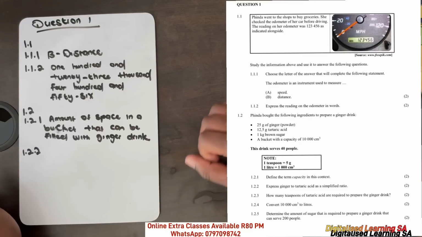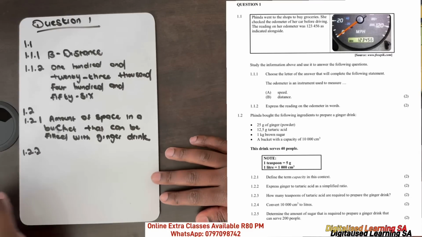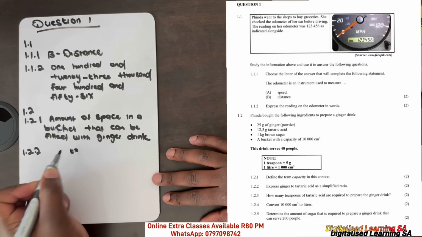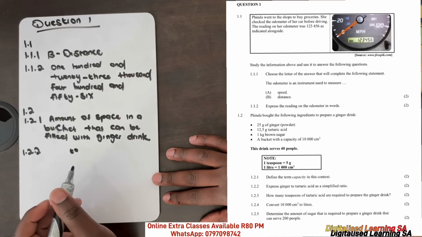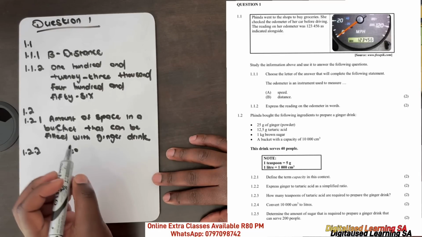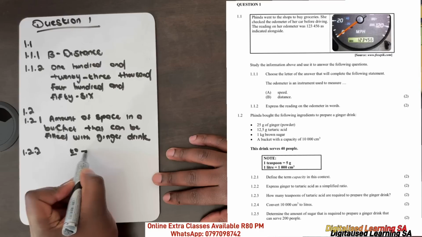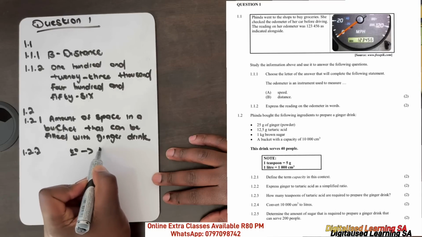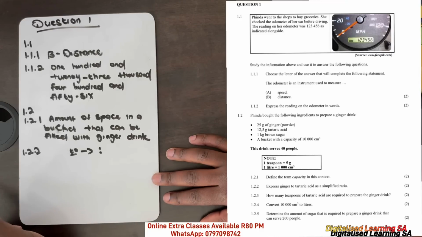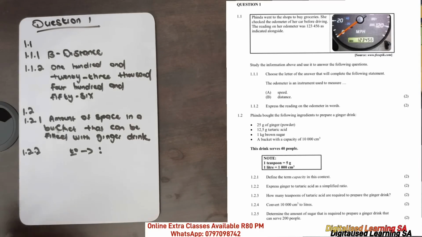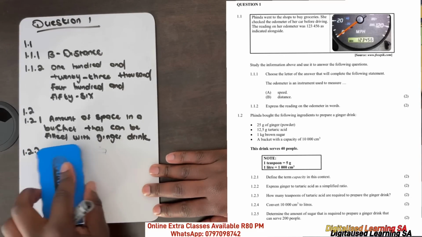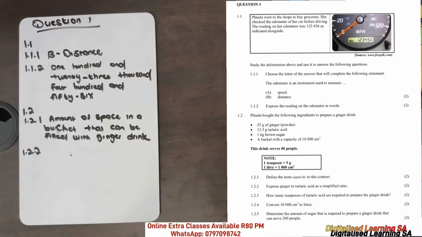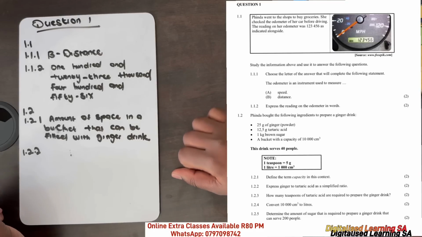Now let's move to the next question, which is question 1.2.2. It says: express ginger to tartaric acid as a simplified ratio. Once we see the word "to" and the question is asking us to get the ratio, we know that this "to" refers to our two dots.